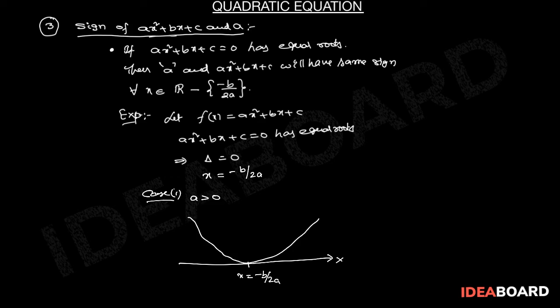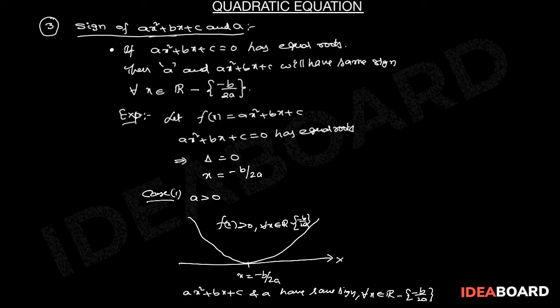So here f of x greater than 0 for all x belongs to R except minus b by 2a. That is ax square plus bx plus c and a have same signs. For all x belongs to set of all real numbers minus b by 2a. Since at minus b by 2a f of x equal to 0.